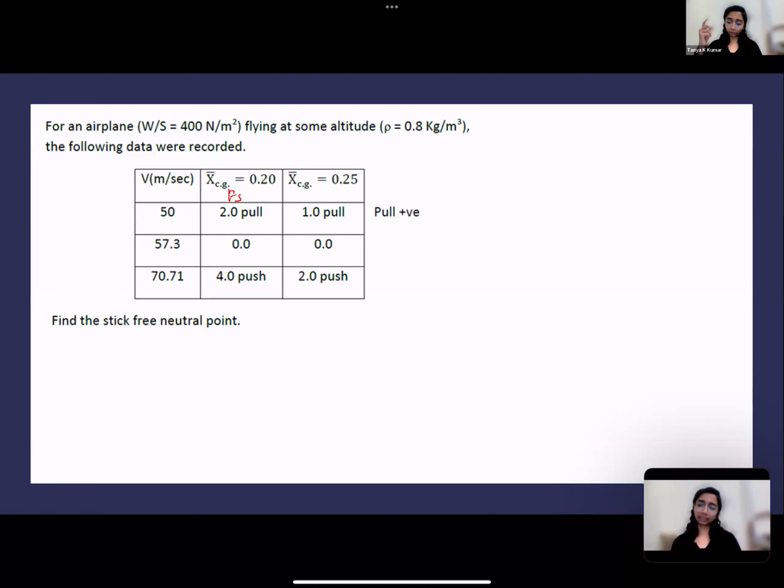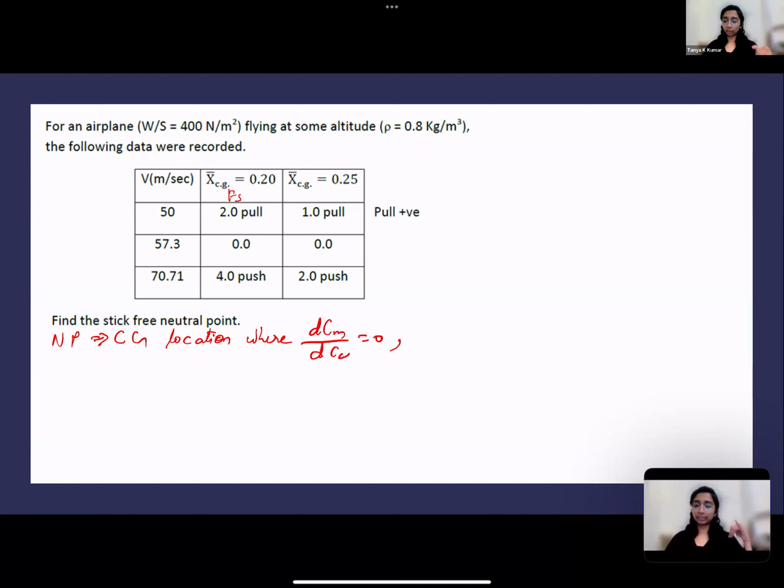Let's just discuss the 4 conditions first. Neutral point is the CG location where, what is the condition for neutral point? One condition we saw is where dCm by dCL is 0, correct? But if you were to do this while taking experiments, what is the other condition?